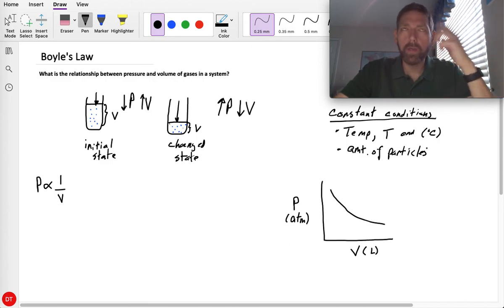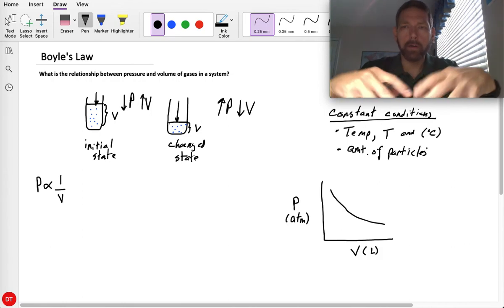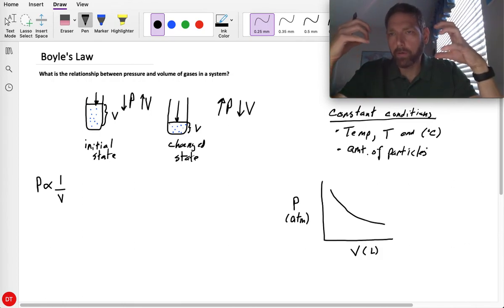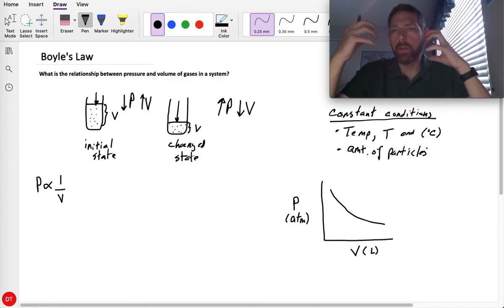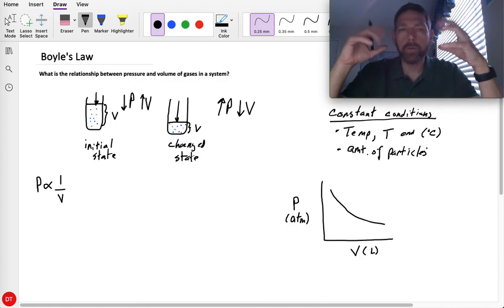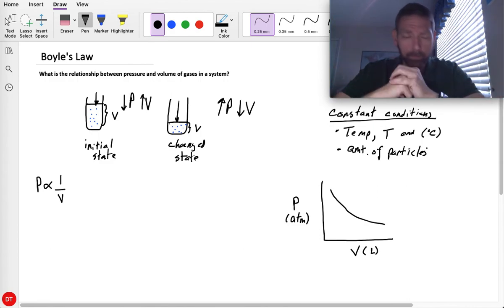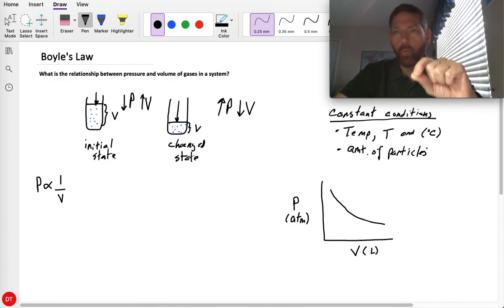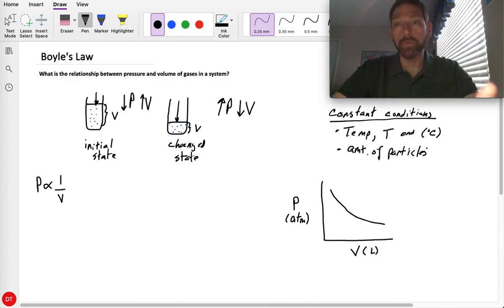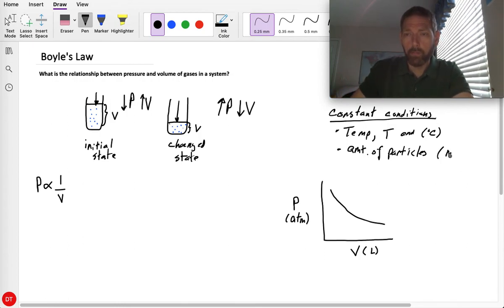You need to always be thinking of moles of substance, because these things are a bunch of atoms that are chemically bonded together, right? And so when we're talking about these different gases, we're not just talking about the effects on 1 or 2 molecules, we're talking about the effects on moles of that substance, right? So you need to keep in mind that when we're talking about amount of particles, we are talking about moles.